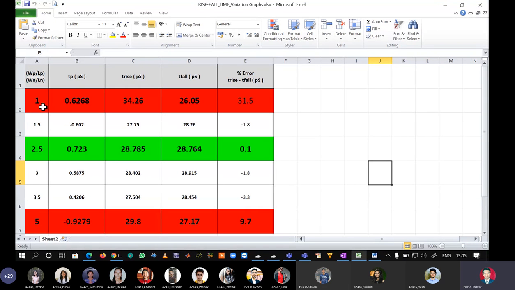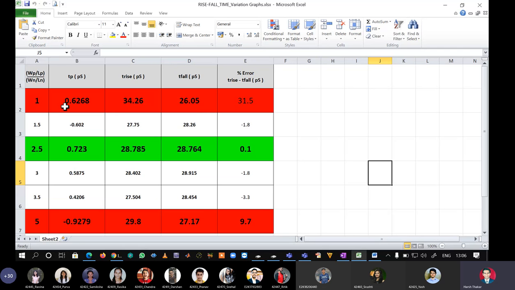When I used equal size MOSFETs, I got a propagation delay of 0.628 picoseconds, and rise time and fall time were 34.26 and 26.05. So there was a 31.5% error between rise time and fall time if I took equal size MOSFETs.